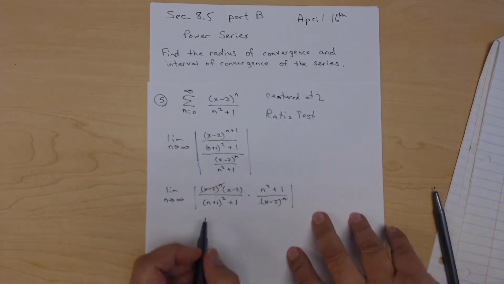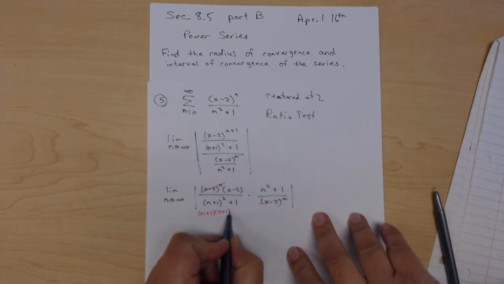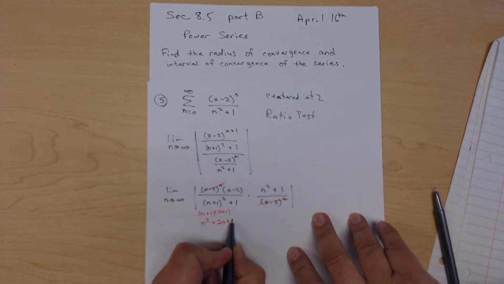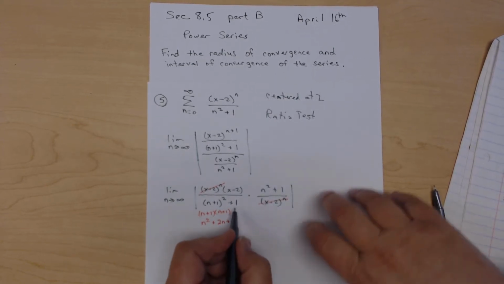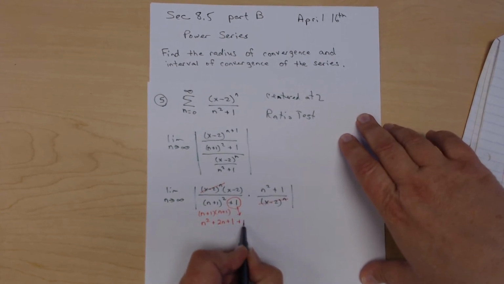We could write this out twice, n plus 1 times n plus 1. That gives us n squared plus 2n plus 1 if we FOIL, and don't forget we still have this plus 1.